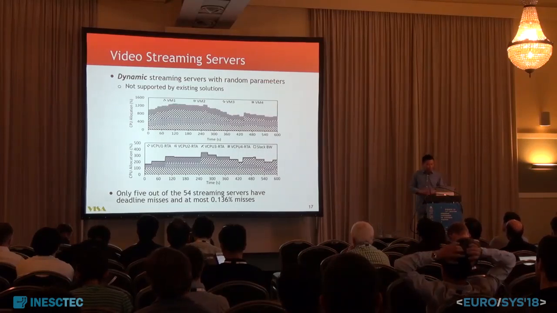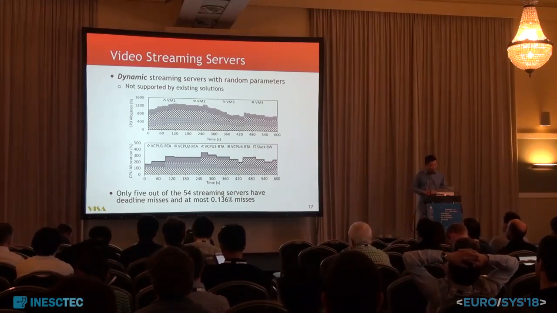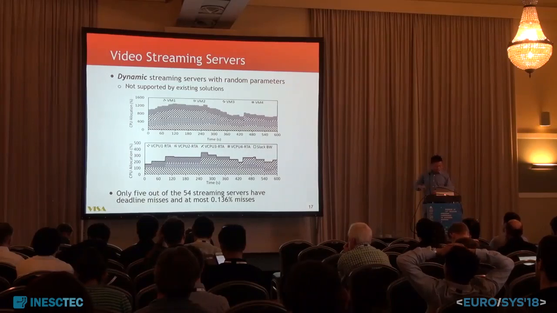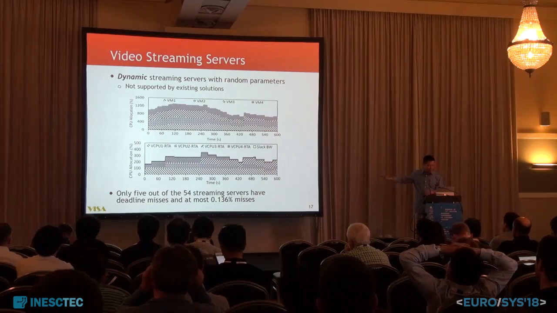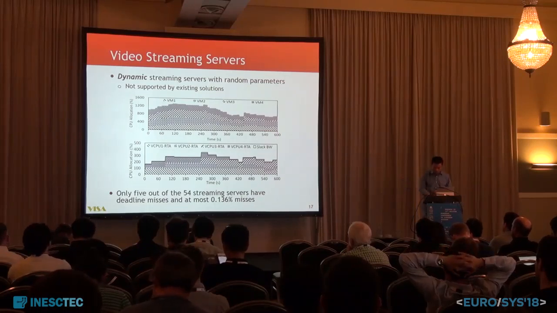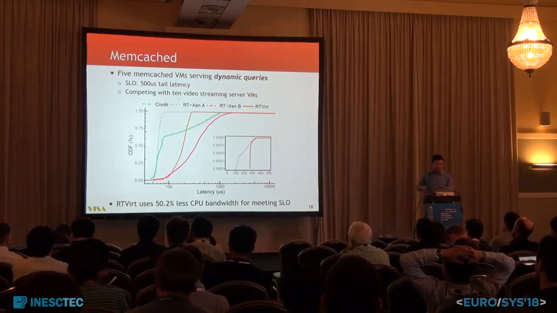This kind of scenario cannot be supported by Artisan or other existing works, but we can support it really well. Out of all the 54 streaming servers, only 5 of them had data misses, and at the most 0.1% misses.